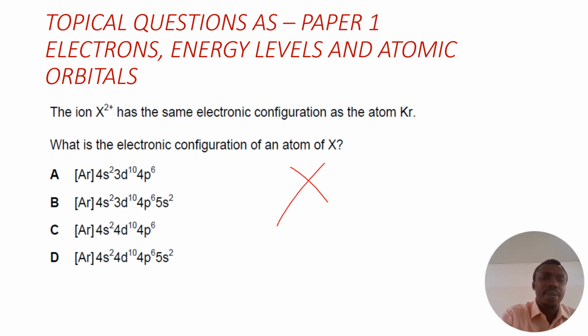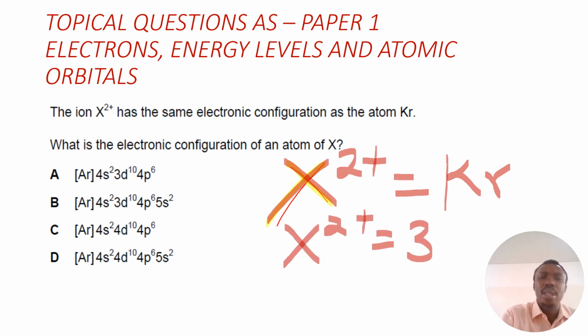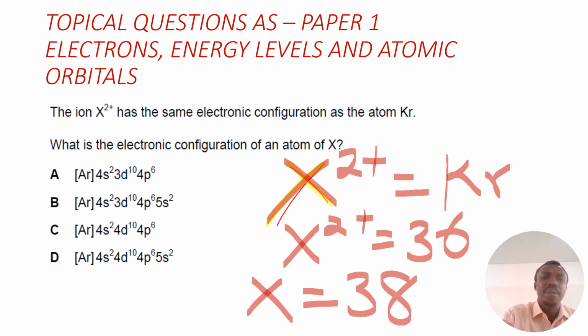Since X2 plus has the same electronic configuration as krypton, that means X2 plus is equal to 36. So if X2 plus is 36, X now will be equal to 38.